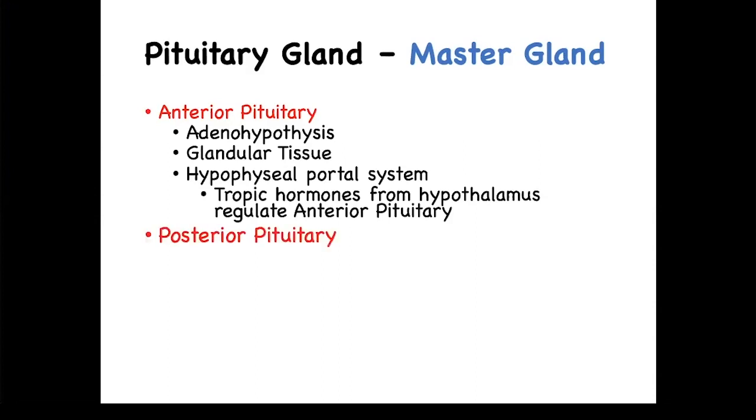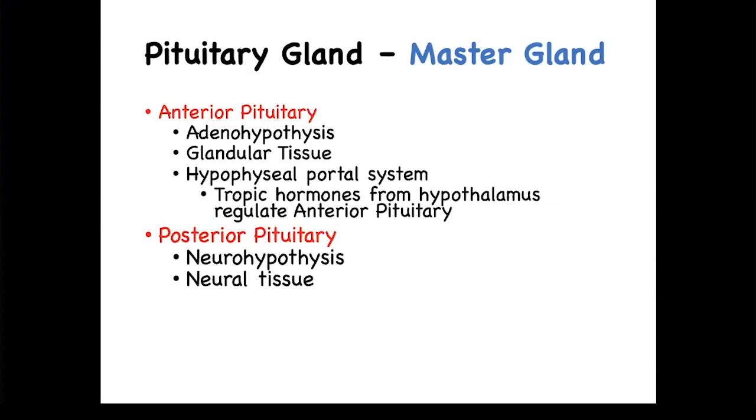The posterior pituitary is known as the neural hypophysis, and it consists of neural tissue. These hormones are produced by neurons whose cell bodies are located within the hypothalamus. Once the cell bodies synthesize them, the hormones travel through the axons down to the axon terminals where they are stored.